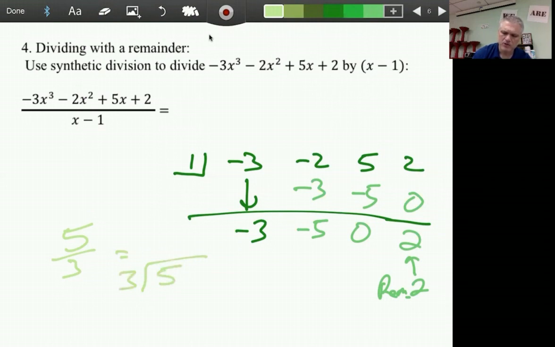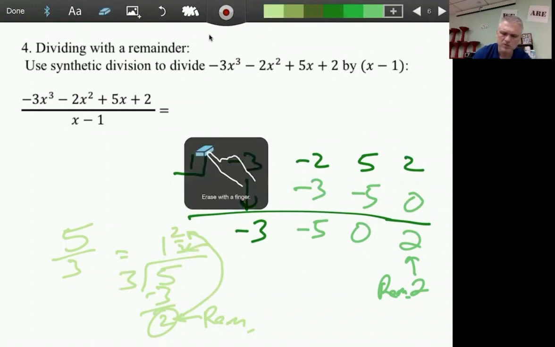We said that 5 was divisible by 3, a factor of 1, remainder was 2. And we could write that as 1 and 2/3. So we take the remainder, that's your numerator, over the whole, which is your denominator.